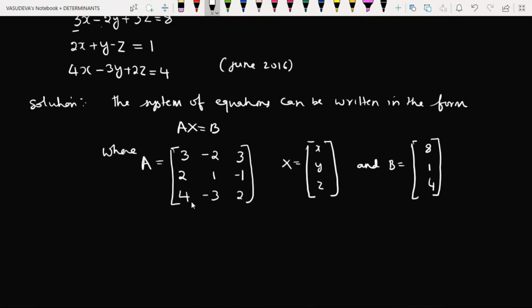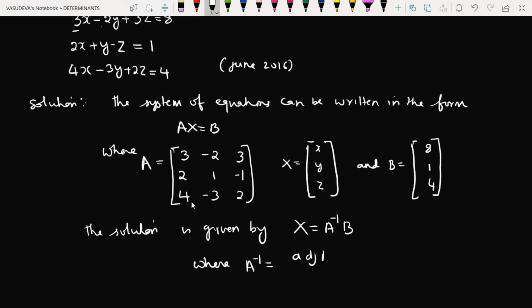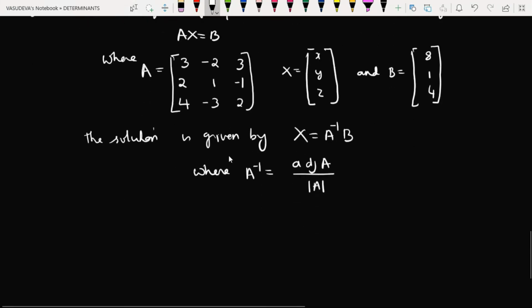Now, we know that the solution of the system of equations is given by x is equal to A inverse b, where A inverse is the inverse of the matrix, and the inverse of A is adjoint of A divided by determinant of A. So, now let us find out the determinant of A first, because we have to check whether A is singular or non-singular.